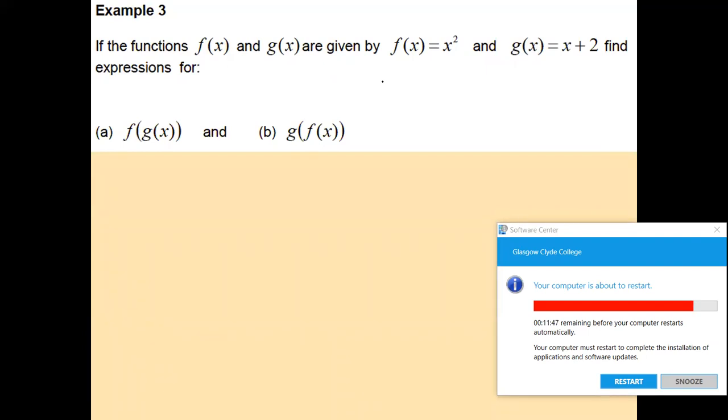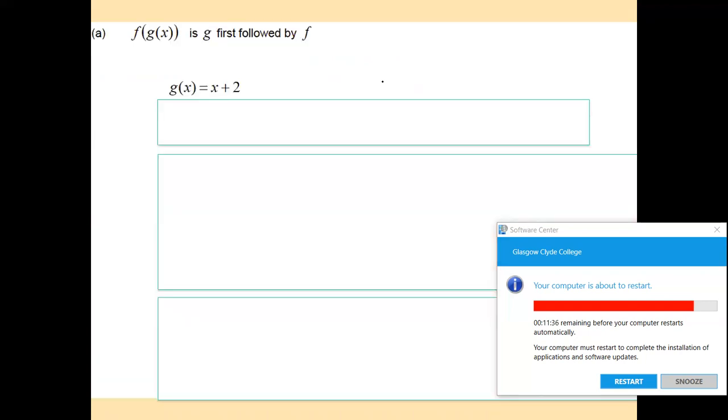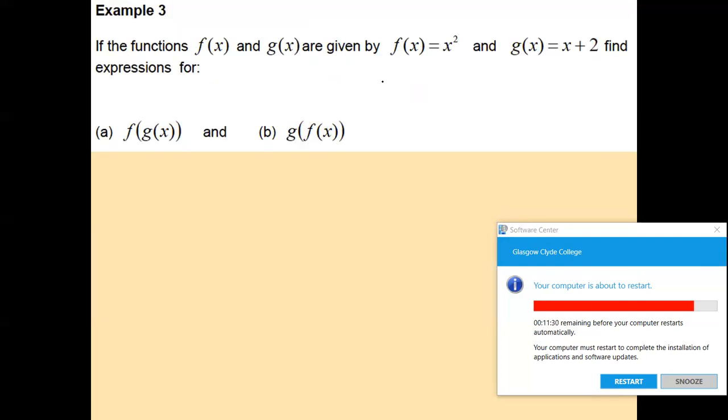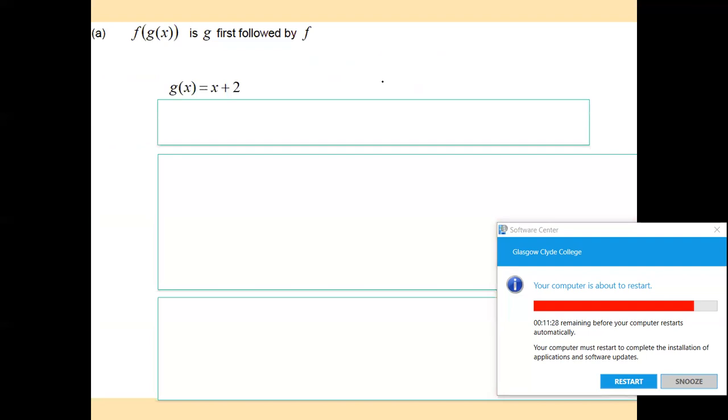The third example, I'll let you look at this on your own. I've got g of x equal x plus 2. Okay, so I'm looking for f of g of x.